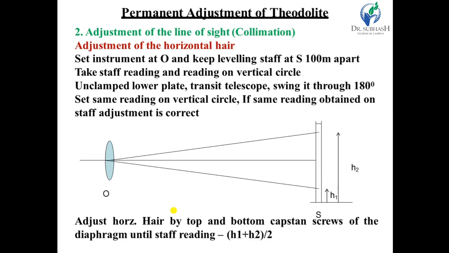Otherwise we have to adjust the horizontal hair by the top and bottom capstan screws of the diaphragm until the staff reading equals (H1 + H2)/2. So we have to set up our instrument in such a way that both staff intervals with respect to the middle hair are the same.